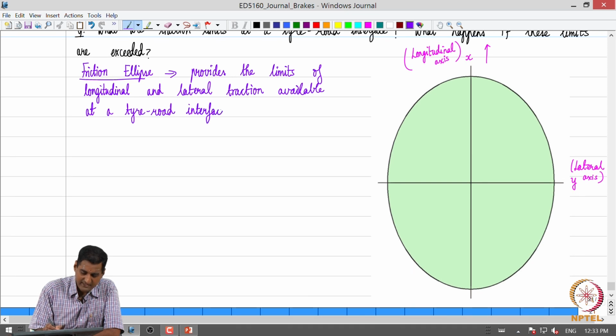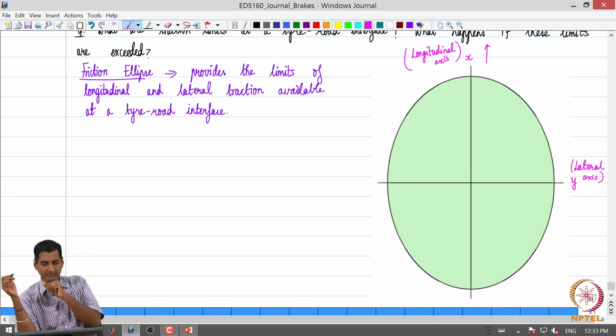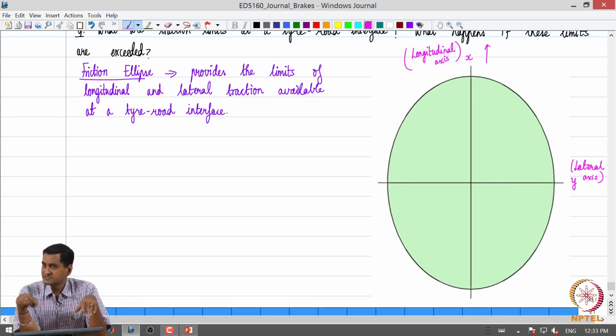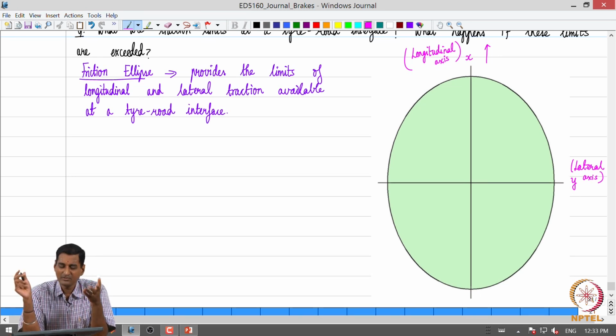That is the purpose of a friction ellipse. If you look at this ellipse, the boundary of the ellipse gives me the limit. Those are what are called the traction limits. That is how much force is there in the particular tire rod interface.